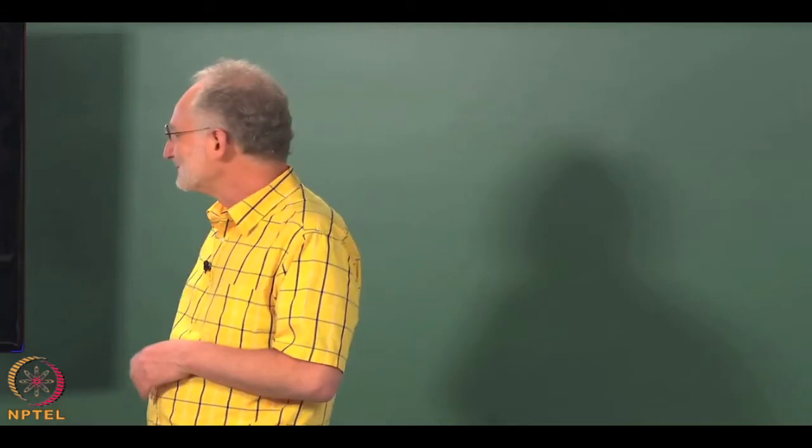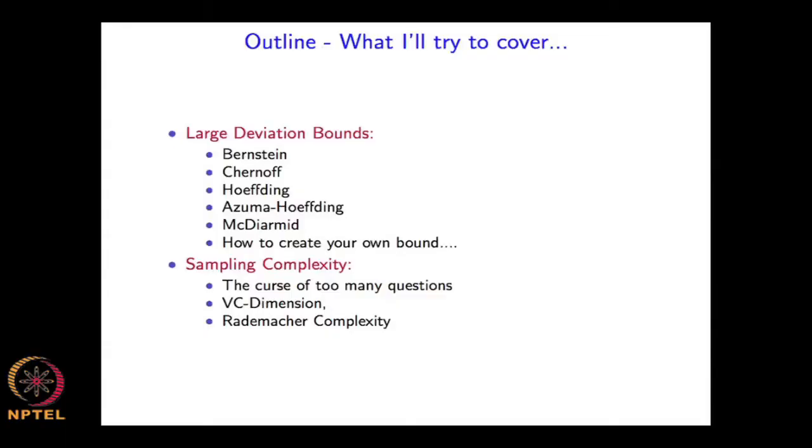Then there's a whole chain of development, one step after the other, which goes to Chernoff and Hoeffding and Azuma-Hoeffding and McDiarmid, and they all have some meaning here. Then I'll show you that there's actually a general recipe here, and if you understand the recipe, you can use it for many other applications that don't fit into this or that particular one.